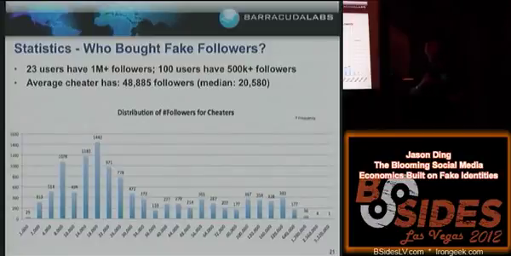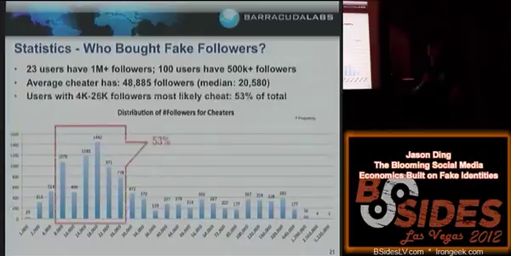The median is about 20,000, so probably most people just buy 20,000. We spend $20, that's it, right? And this graph also tells which users most likely cheat on Twitter. Users with 4,000 or 26,000 followers most likely cheat, taking more than half of the distribution.